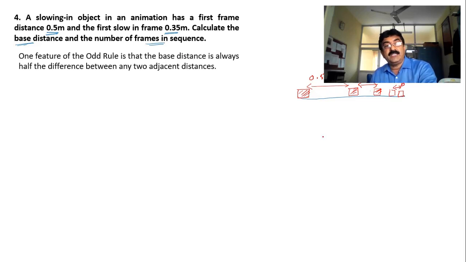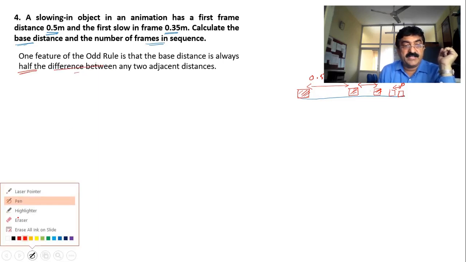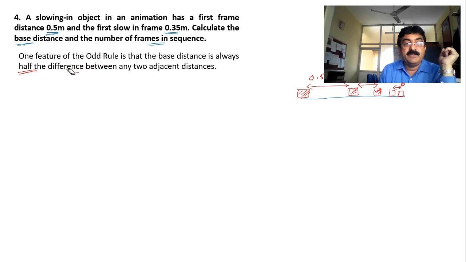Remember, base distance is also given by this equation. One feature of the odd rule is that base distance is always half the difference between what? Difference between any two adjacent frames. See, this is the distance between these two, this is the distance between these two.